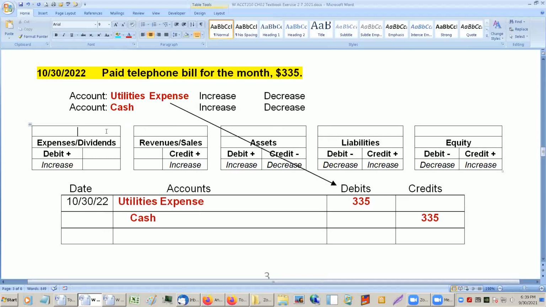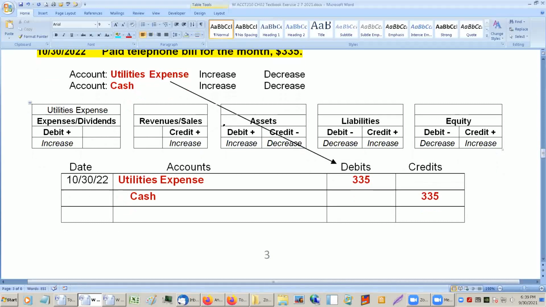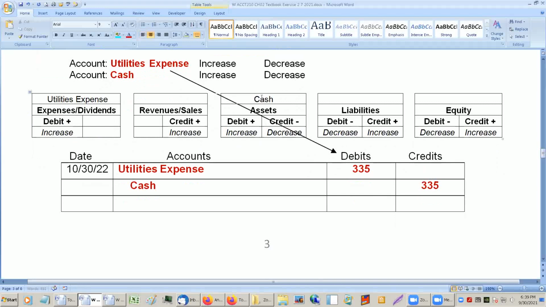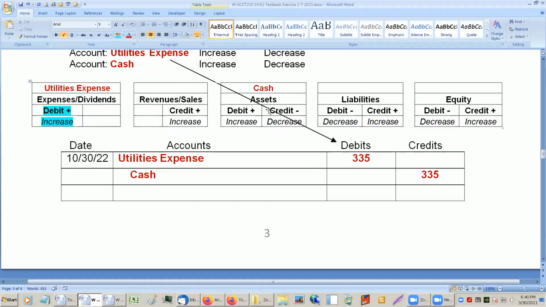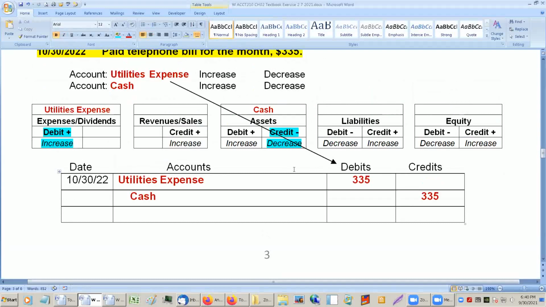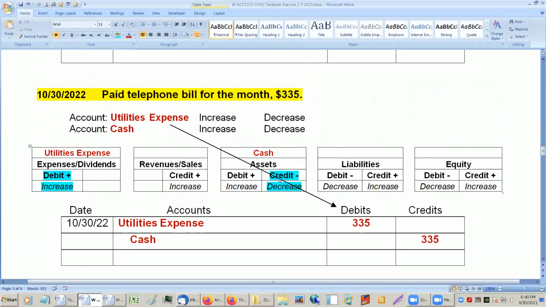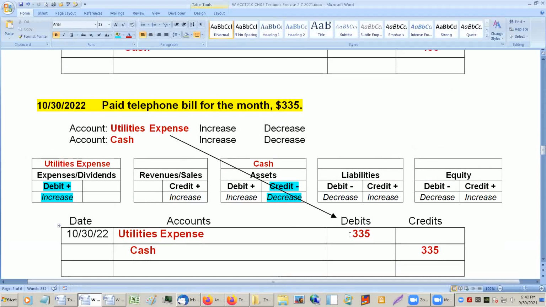Okay, so utilities expense. There's nothing wrong with going through these steps, but again, if it's an expense, it's a debit.